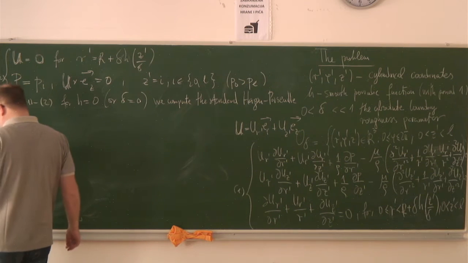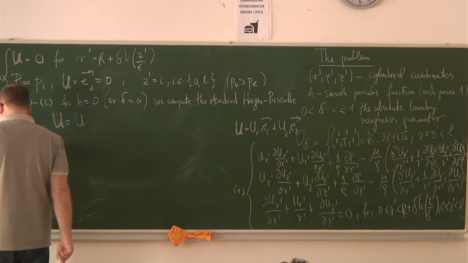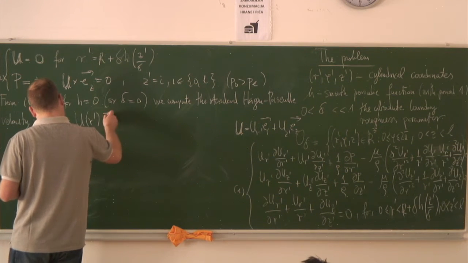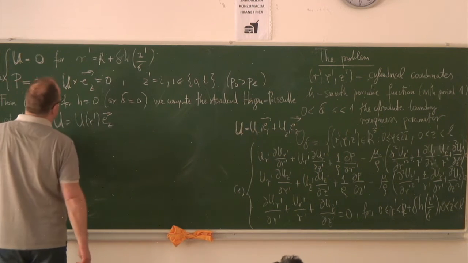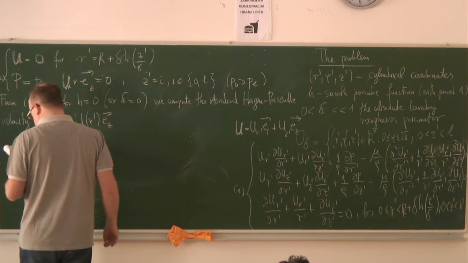And it reads like this. So it has only one component in the longitudinal direction. Okay, so these are vectors. Okay, you understand the notation.